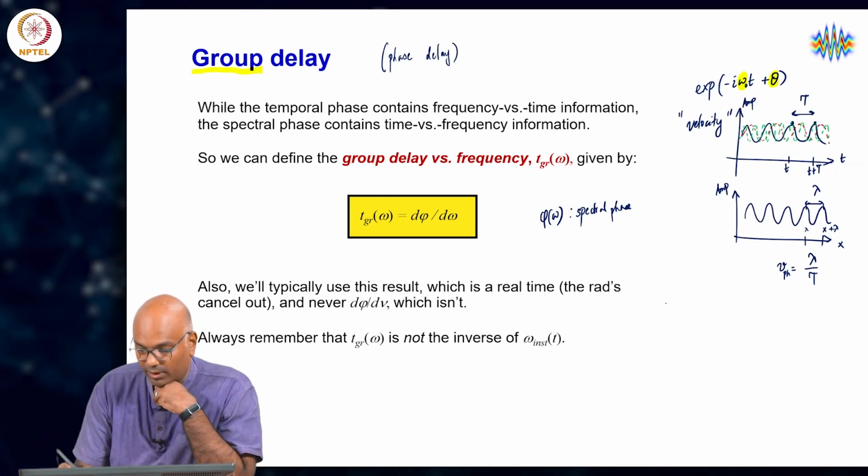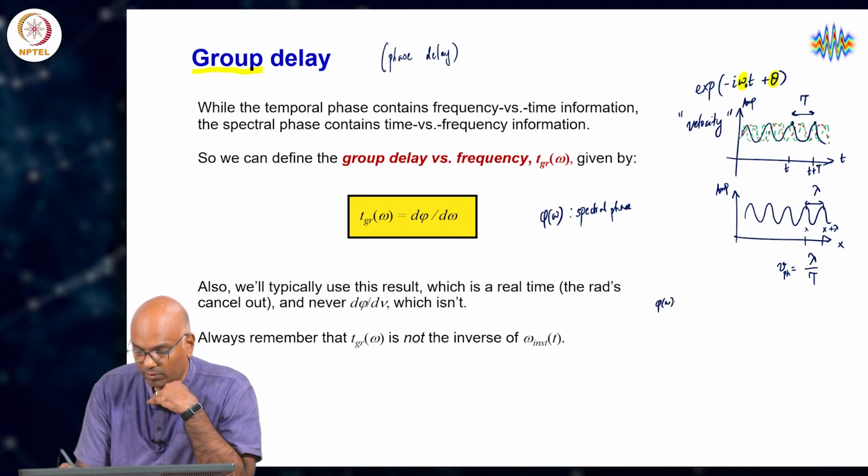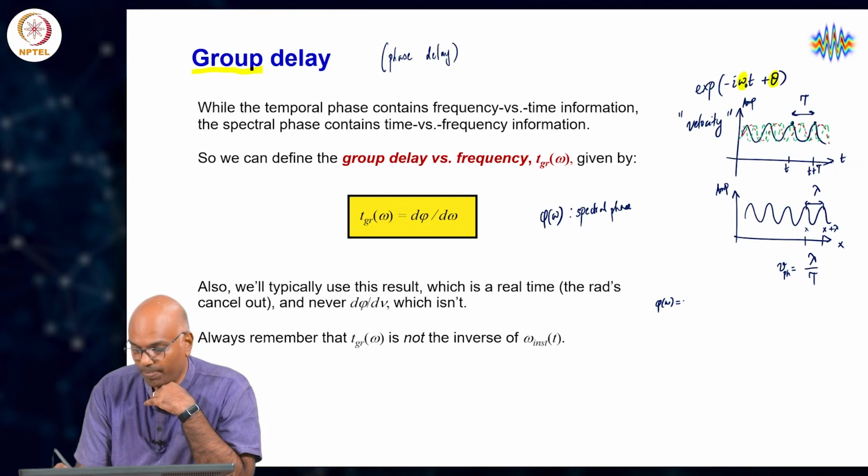Now, do the same in the frequency time axis. So, we had phi of omega.